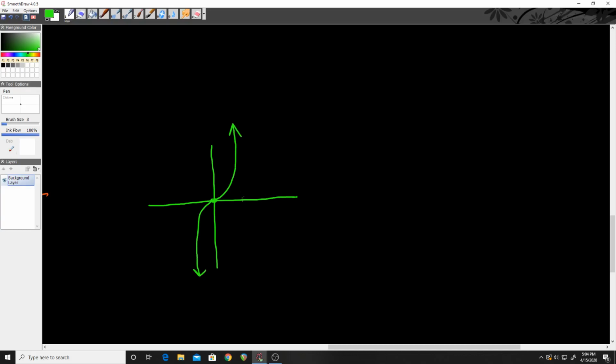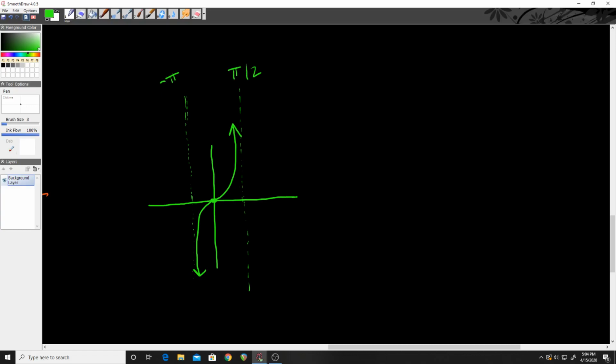So tangent looks like this. It's got asymptotes at plus or minus pi over 2 because tangent's y over x. And so tangent's going to be undefined wherever x is 0, wherever the denominator is 0. X is 0 at plus or minus 90 degrees. So here's pi over 2.